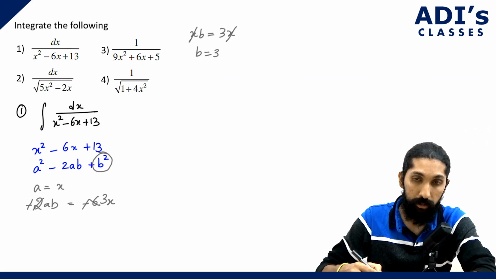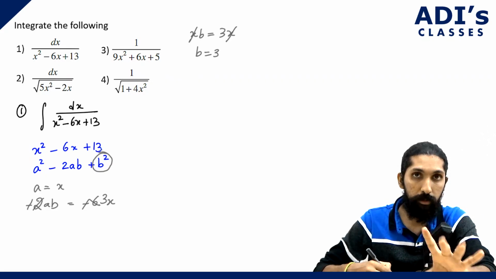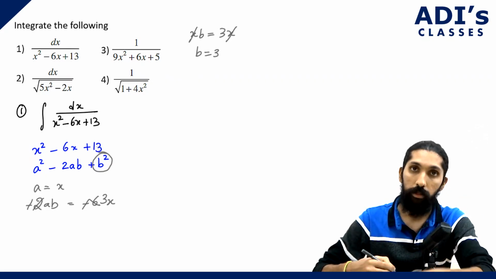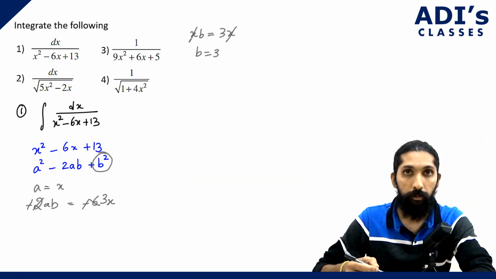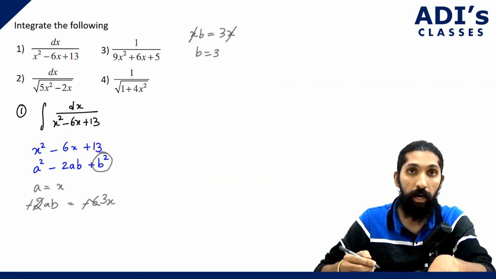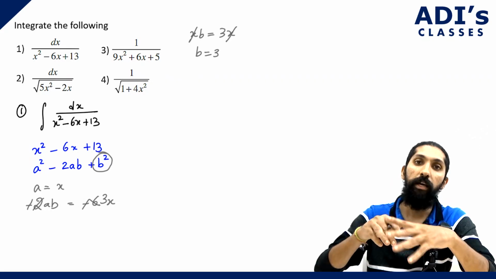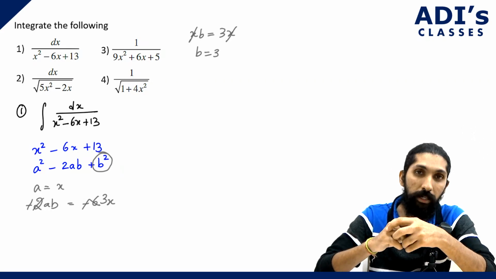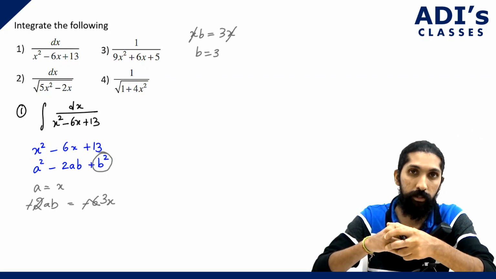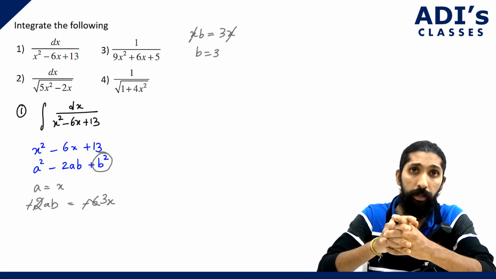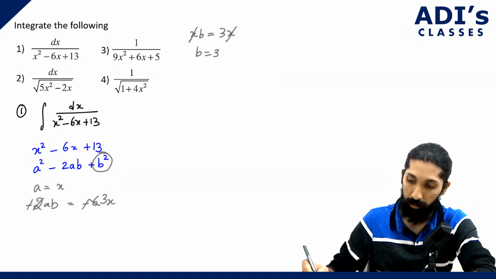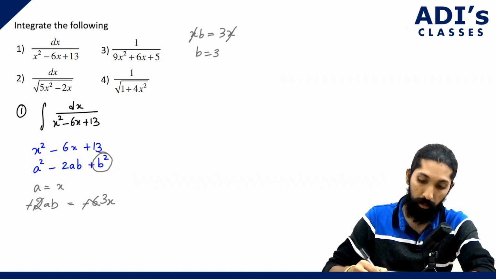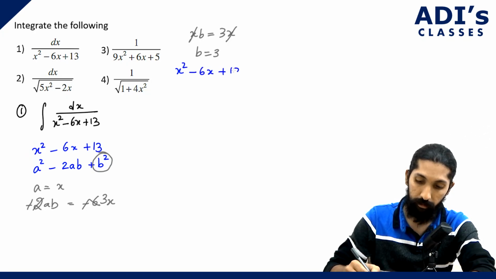Or in some cases, you can just see 13 can be split as 9 and 4. That is also correct. But I would always suggest you add and subtract b square, because in certain cases you might have fractions, and when you have fractions, it might be a little hard for you to understand. So what we are doing is this: the denominator is x square minus 6x plus 13, correct?